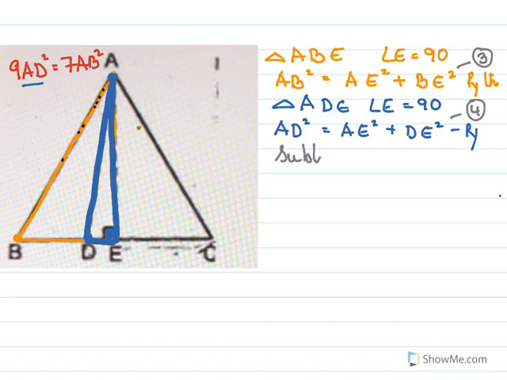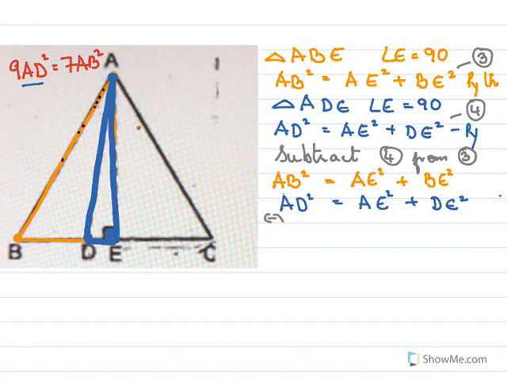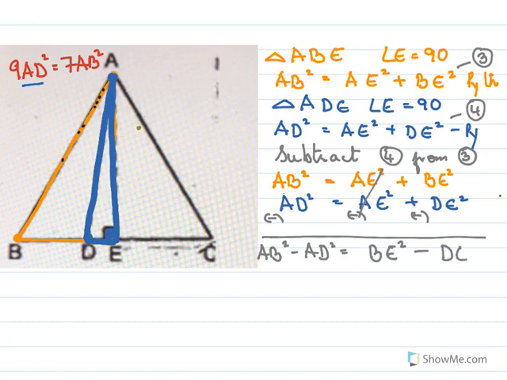So I subtract 4 from 3. Subtract will change the sign. So this will be now AB square minus AD square. This will cancel out, plus and minus. I have BE square minus DE square.